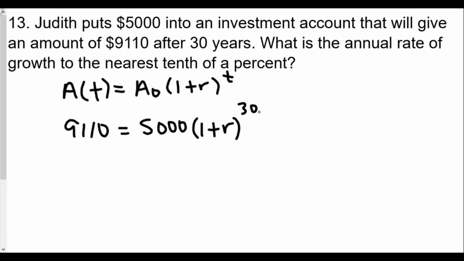Now, we want to solve for r, and we can't break out the r yet because it's caught in this whole thing of 1 plus r to the 30th. So let's move everything else that's not involved with that to the other side. To do this, we're going to divide both sides by 5,000.